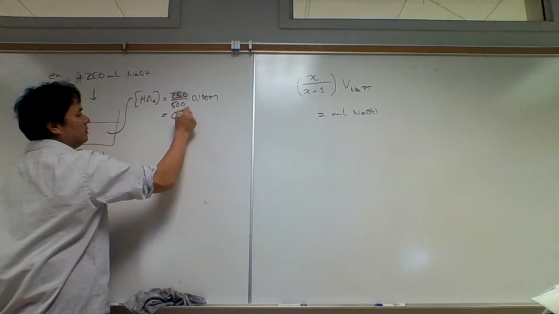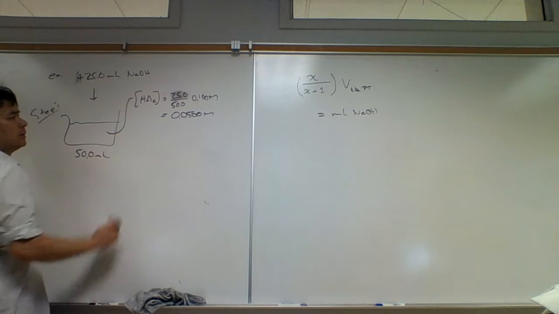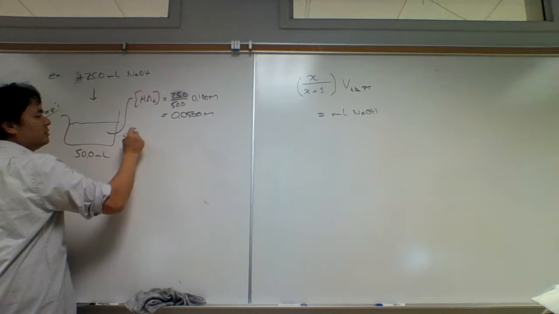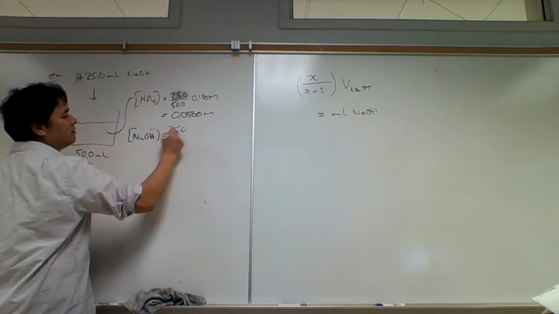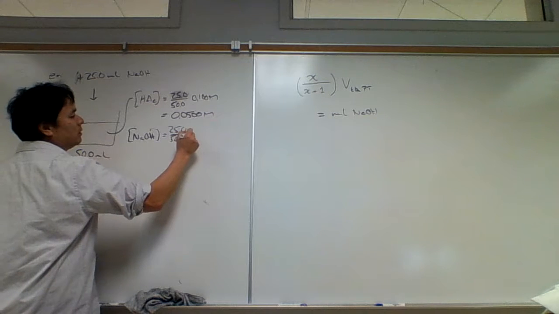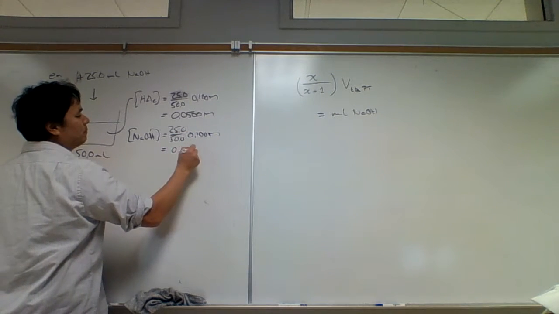That's something we can calculate pretty easily: 0.0500 would be half. Then we need the diluted concentration of sodium hydroxide. Again, this is a 25 to 50 dilution of 0.100 molar, so it's the same, 0.0500 molar.